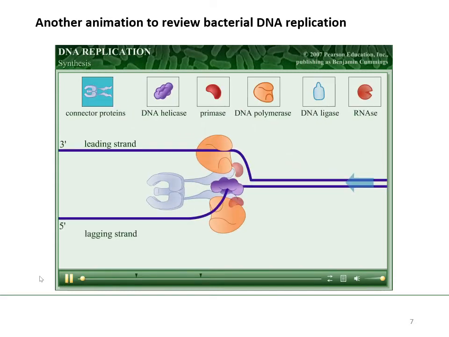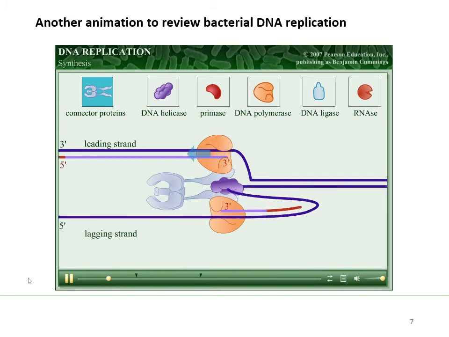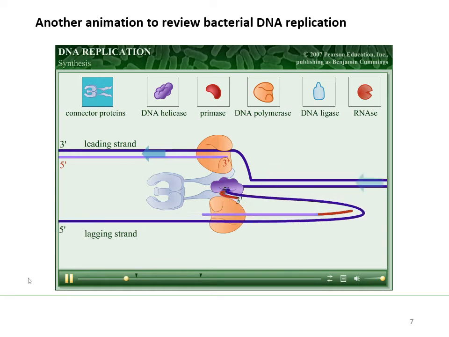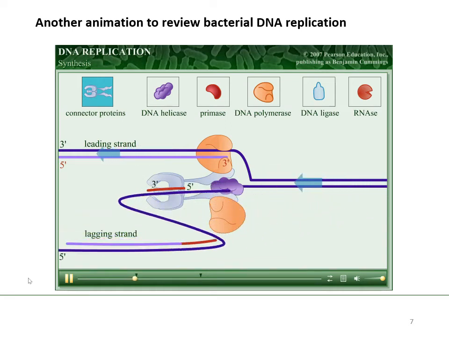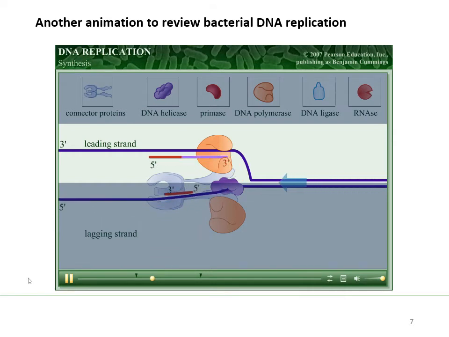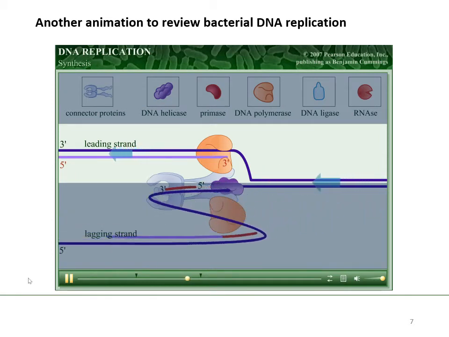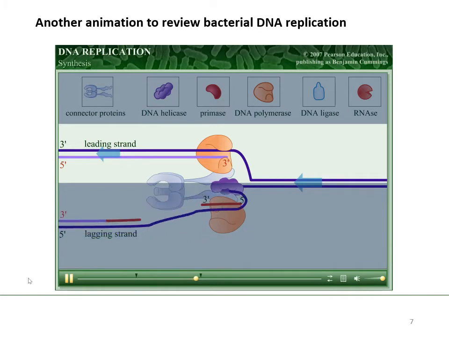In many organisms, the two DNA polymerases responsible for replicating the leading and lagging strands are linked together by connector proteins. To make this possible, cells take advantage of the flexibility of DNA. The leading strand is synthesized continuously toward the replication fork in the 5' to 3' direction. Since the leading strand is synthesized continuously, it only needs one RNA primer to start the process.